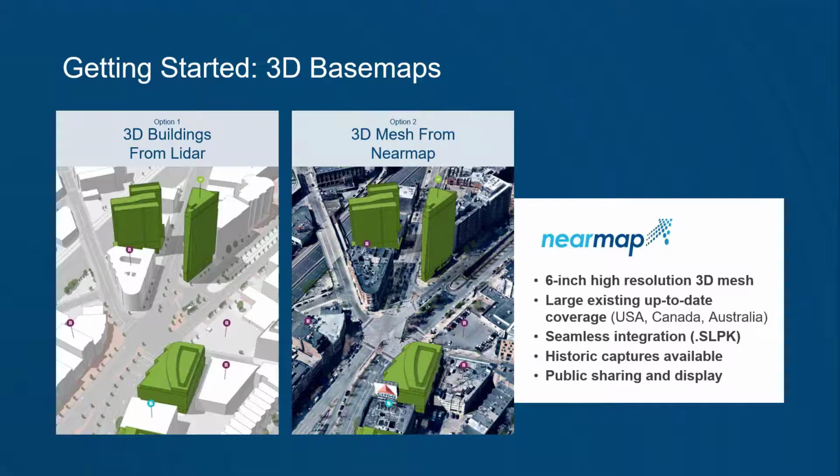And if you do not have building footprint data, in most cases, you can use high-quality LiDAR to extract building footprint features. Another option is to leverage content from a 3D data provider, like our partner Nearmap. Nearmap provides high-resolution 3D mesh for ArcGIS Urban with coverage in major metropolitan areas of the US, Canada, and Australia. The mesh can be hosted as the satellite-based map option in Urban and represents existing condition for site analysis.